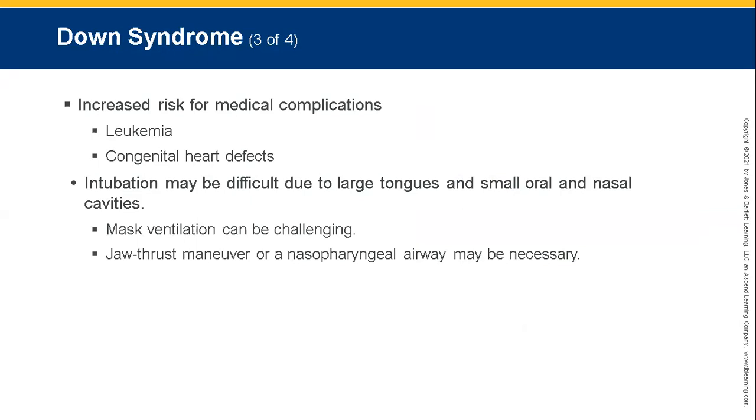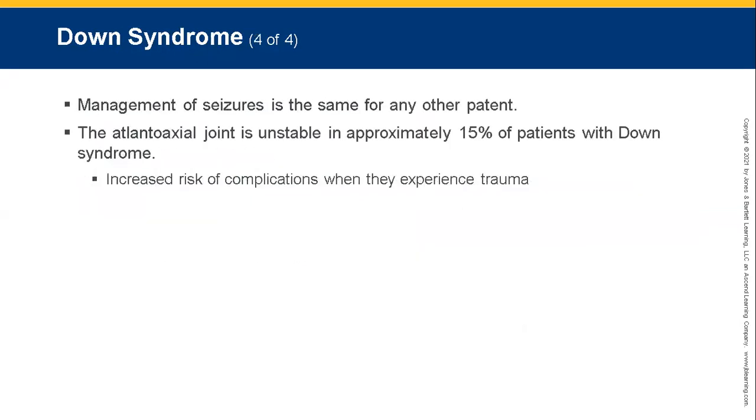Mask ventilation can be challenging. Jaw thrust maneuver or nasopharyngeal airway may be necessary. Management of seizures is the same for any other patient. Atlantoaxial joint is unstable in approximately 15% of patients with Down syndrome. Increased risk of complication when they experience trauma.